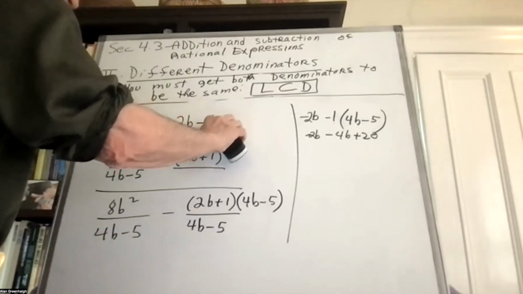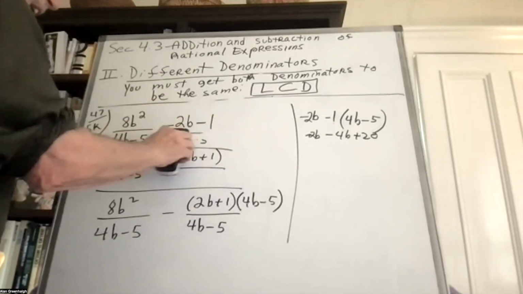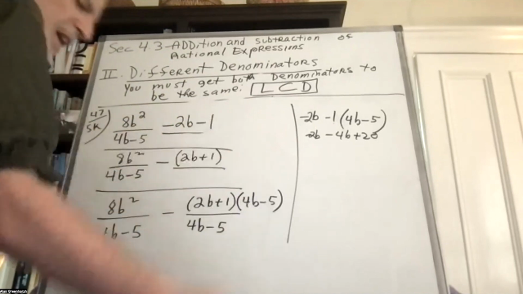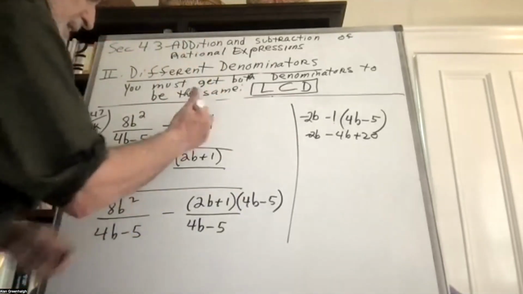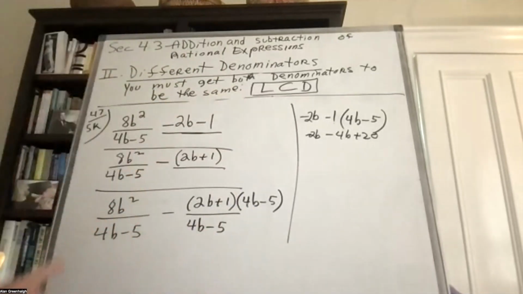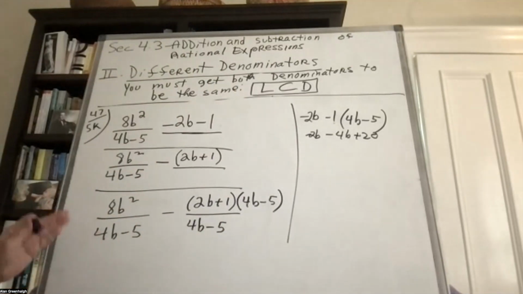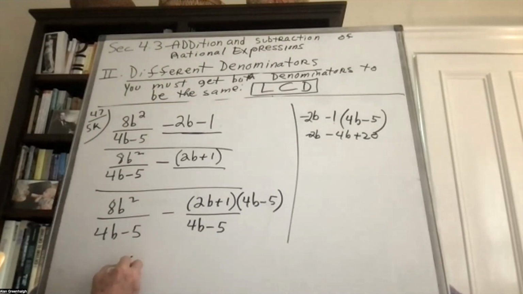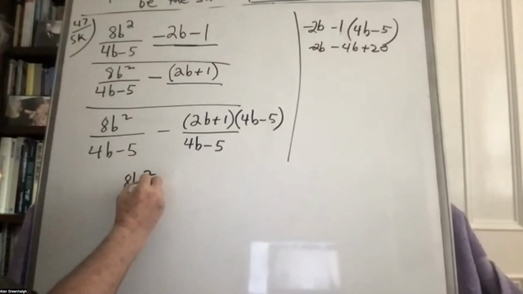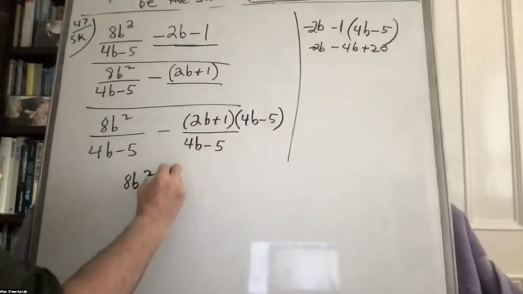Well, I'll tell you what, you do it your way and I'll do it my way, and we'll see if we get the same answer. That's the only way. Okay? You do it the way you thought was right. I'm going to do it this way, and let's see what happens. So I'm going to get 8b squared, and now I need to multiply these two.